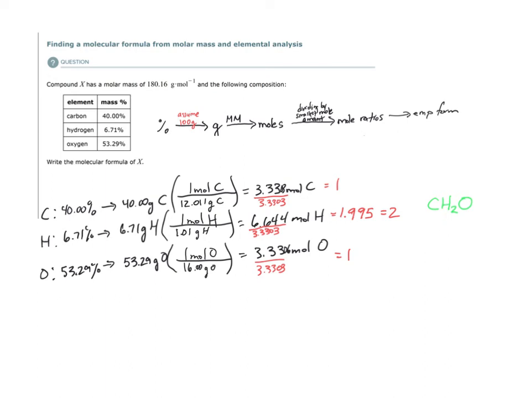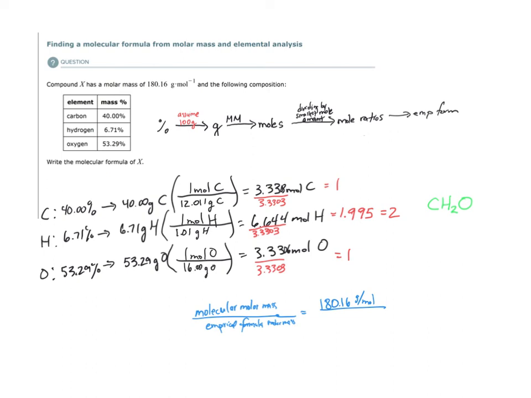So to find the molecular formula, let's take the molecular molar mass and divide it by the empirical formula molar mass. The given molar mass of the actual molecule is 180.16 grams per mole.